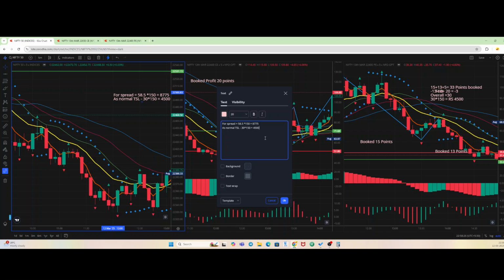The normal trade will also have this, but there we used to trail whenever it went in our favor and come out of the trade. Here we will not come out; we will wait for the fractal to hit the stop loss.